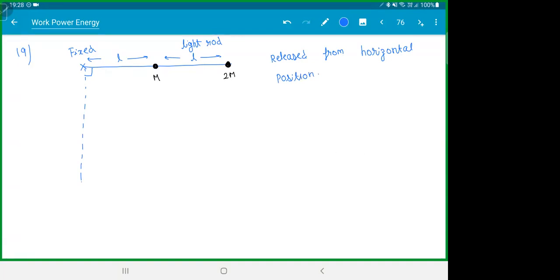Find the speed of the particles and the tension in the rod at the lowest position, when it becomes vertical.